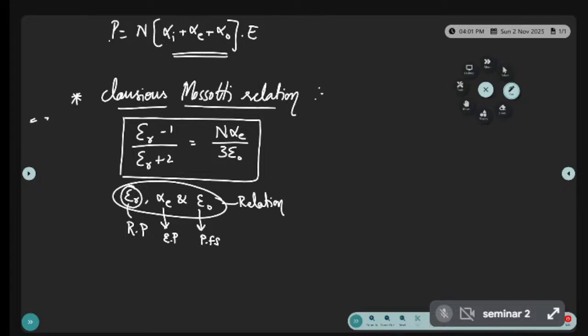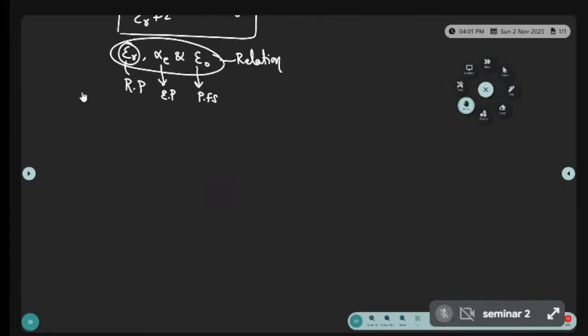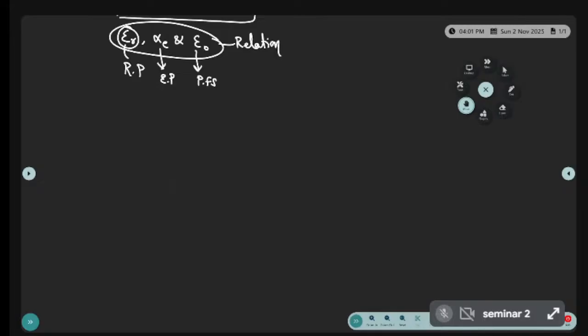Okay? Right. To derive this, we make use of polarization. We consider a material, a solid.